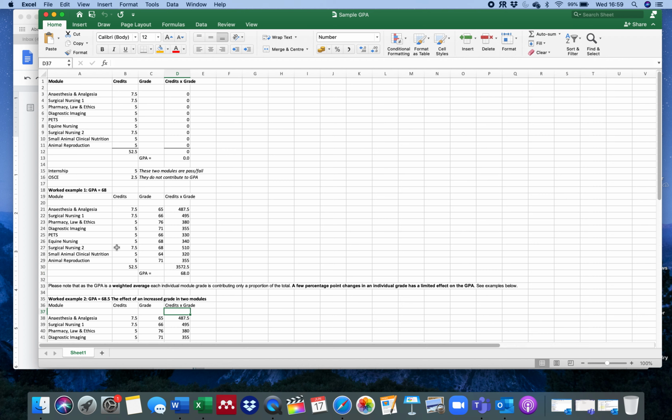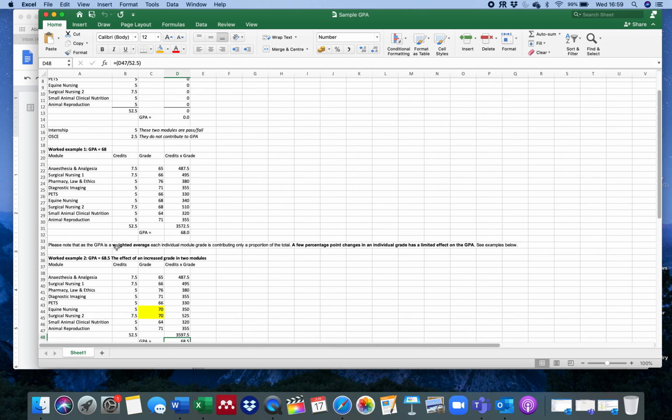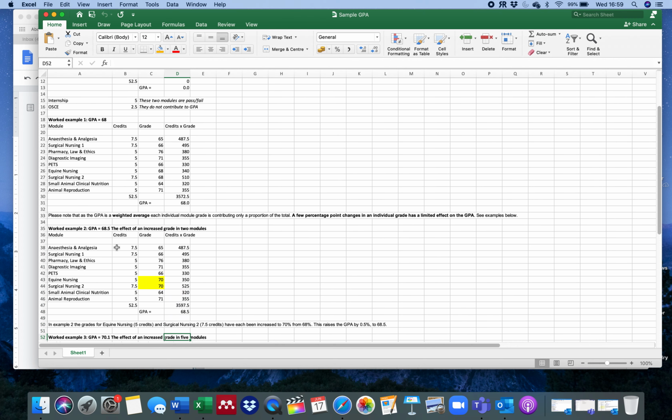Okay, so I now want to show you the difference a change in grade makes. So if we take these results here and move them down here to worked example 2, this time I've increased the grade in 2 modules. So in equine nursing, the original grade was 68%. I've brought it up to 70 in a 5 credit module, so that weighting increased from 340 to 350.